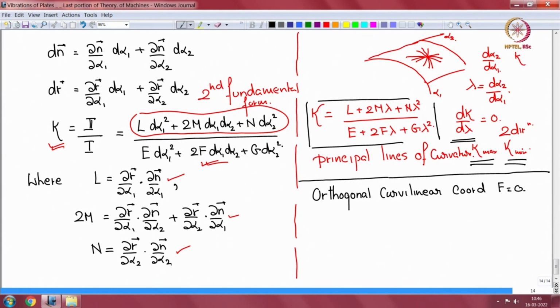Then I will say this, that we will deal with only surfaces of revolution, which means for these surfaces of revolution, M will be 0.